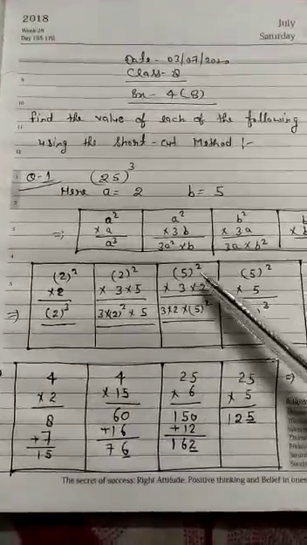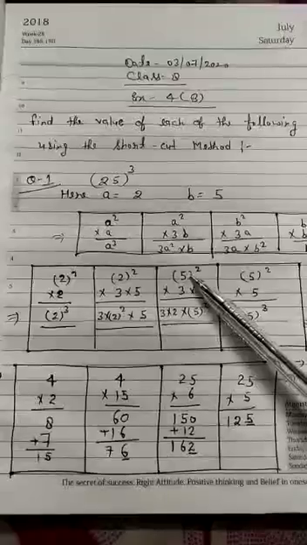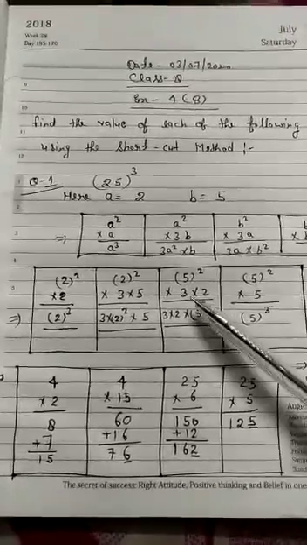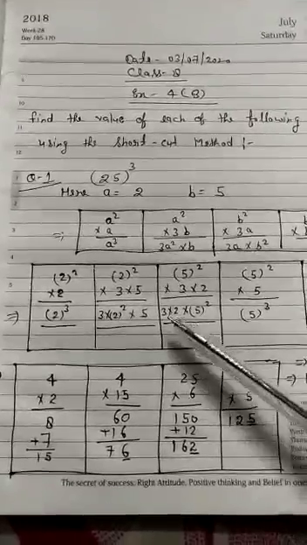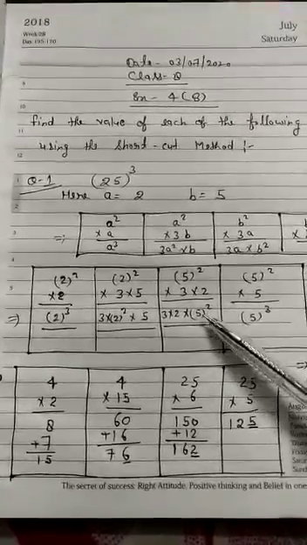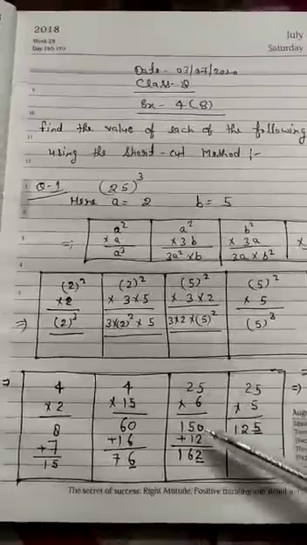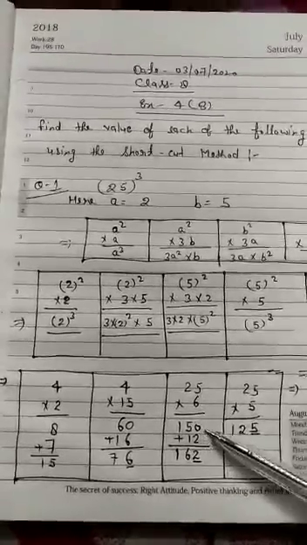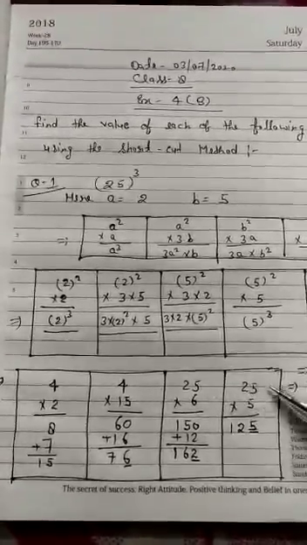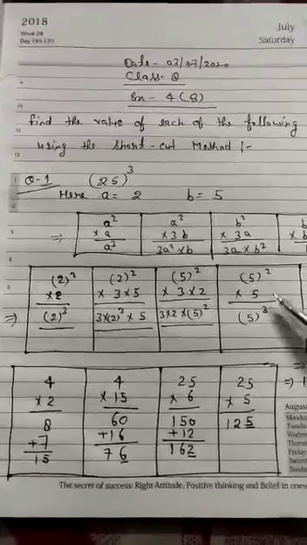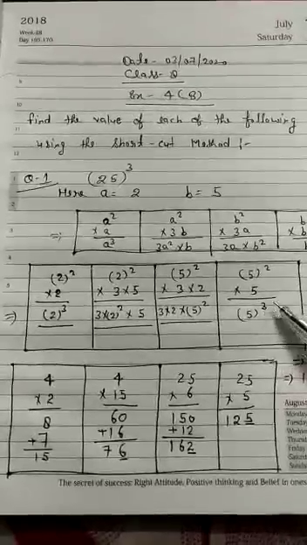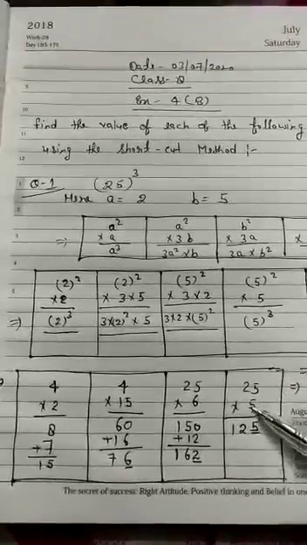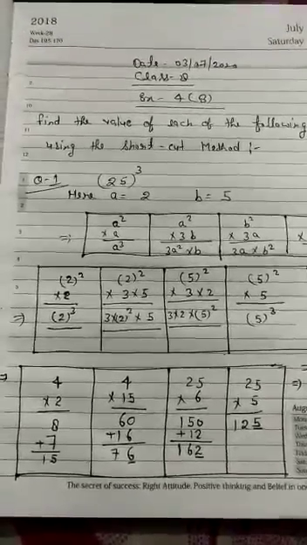Again 5 to the power 2 means 5 into 5, 5 5s are 25, 3 2s are 6. So 25 times 6 is 150. Next 5 to the power 2 is 25 into 5, and 5 to the power 3 means 5 5s are 25, 25 5s are 125.